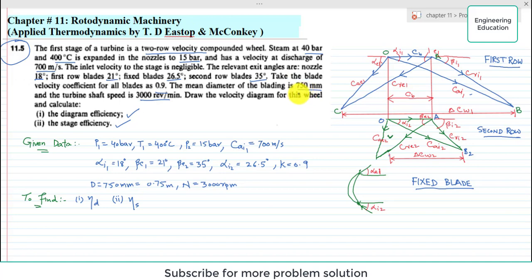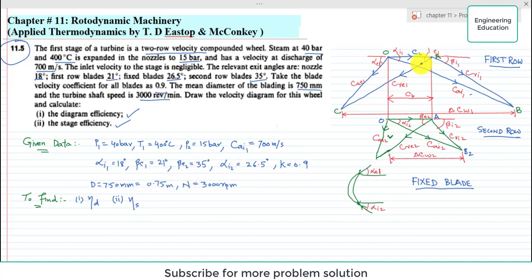Similarly, the value of D is 750 millimeter or 0.75 meter. The speed of the shaft of the turbine is 3000 revolution per minute. We have to find two things: one is diagram efficiency and second is stage efficiency.